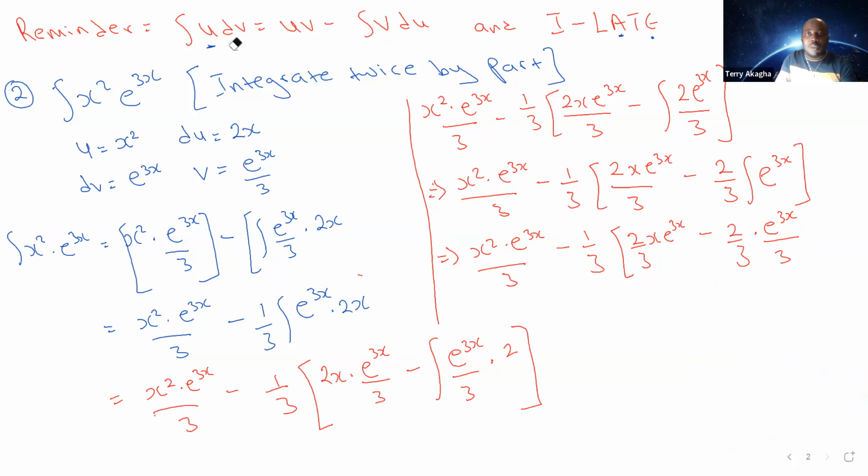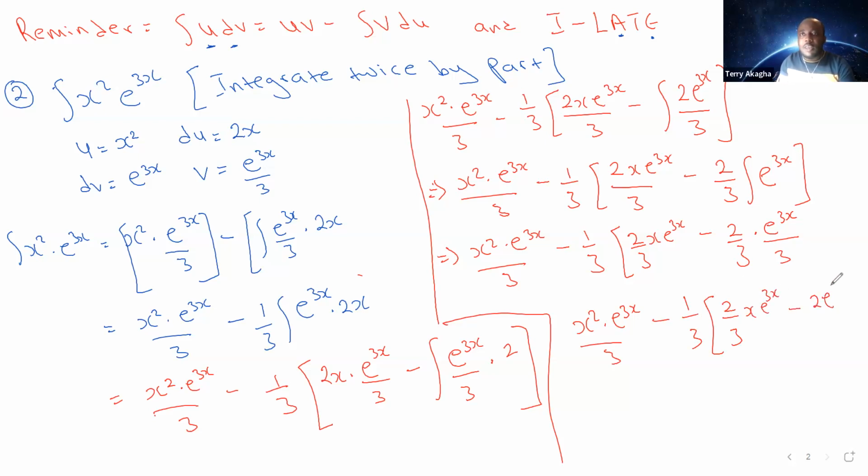So then this is going to give us x squared dot e^3x over 3, okay, minus 1 over 3 into bracket 2 over 3 x e^3x minus 2e^3x over 9. Are you seeing it?